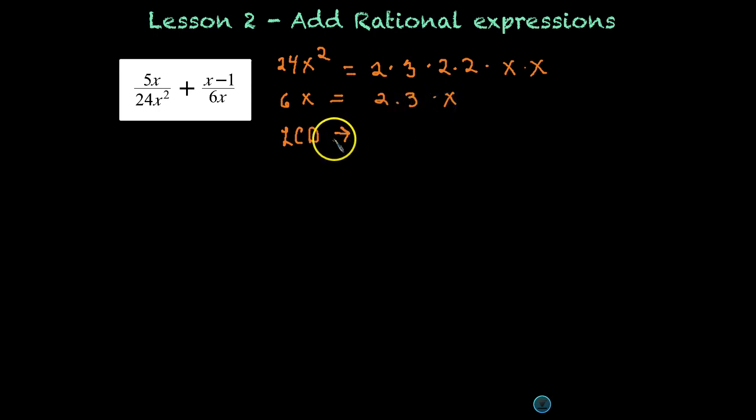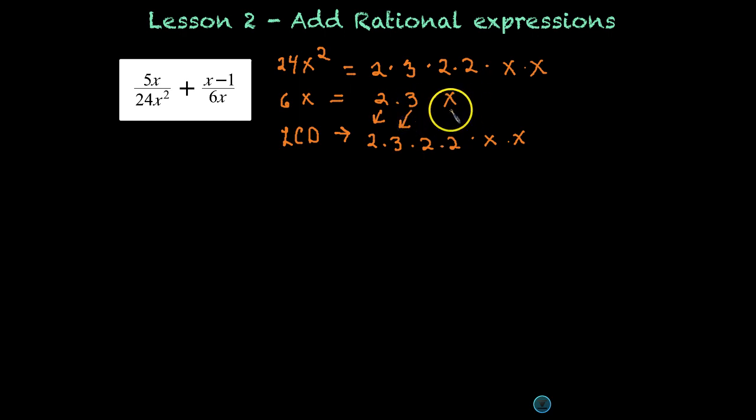So what's our lowest common denominator? Well, remember that we need to take everything in our first denominator. So let's go ahead and take the 2, the 3, the other 2, another 2, and both x's, and compare. Well, let's look at the 2. We have a 2 right there, so we don't need to add another 2. Here's a 3. We already have a 3.